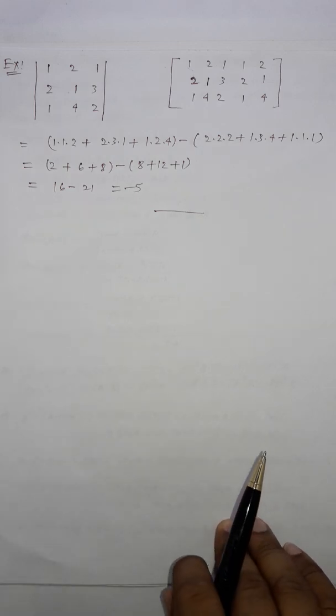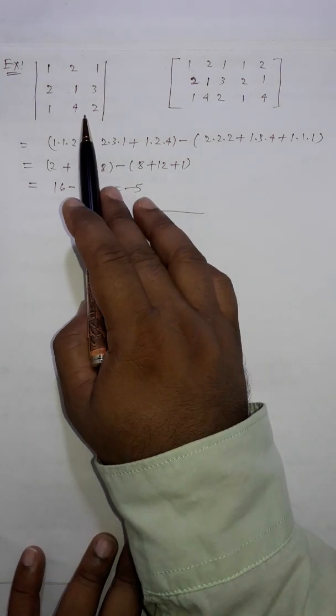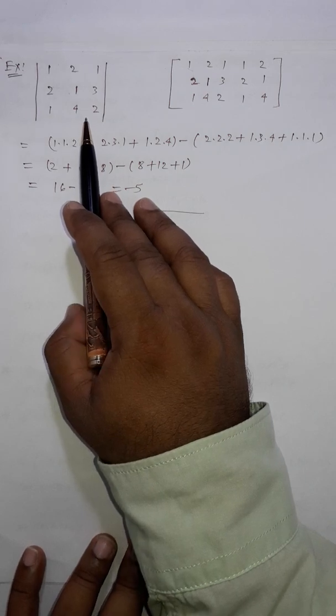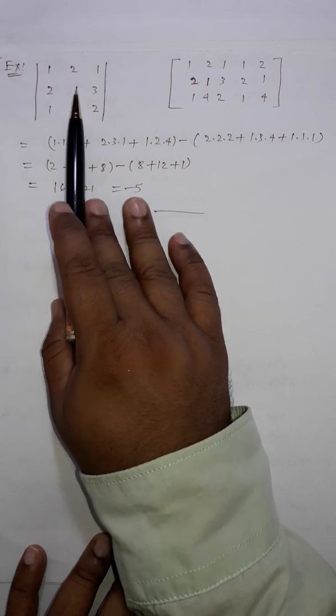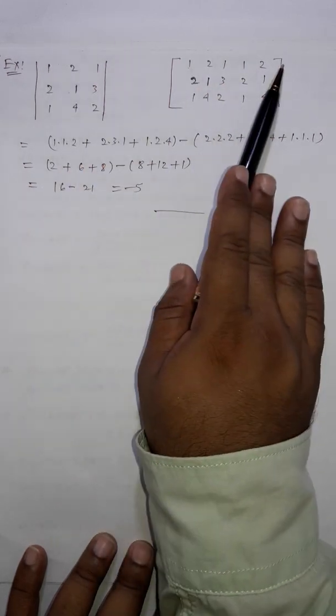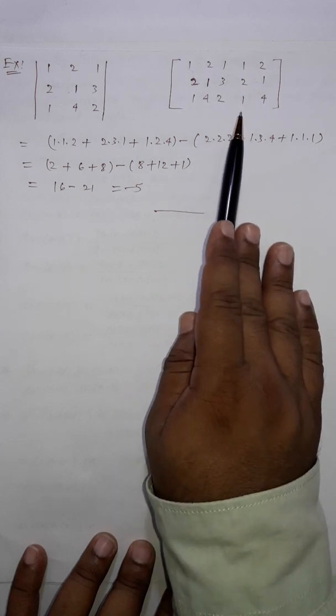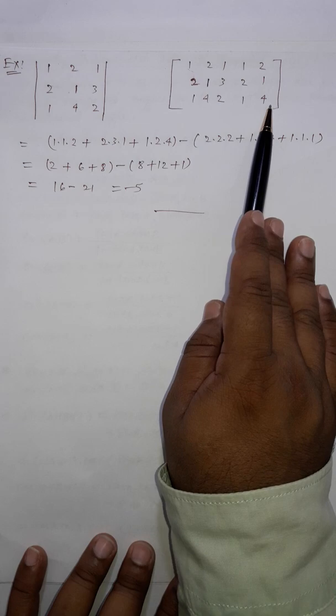Let us discuss it through a simple example. I have to find the value of this determinant. On one side I have written the 3 columns as they are, then I have repeated the first 2 columns on the right side of the third column.